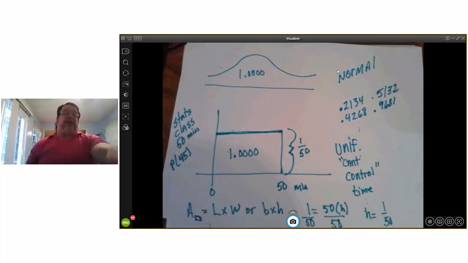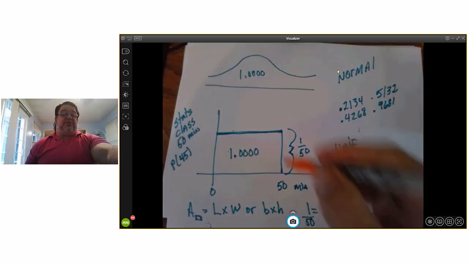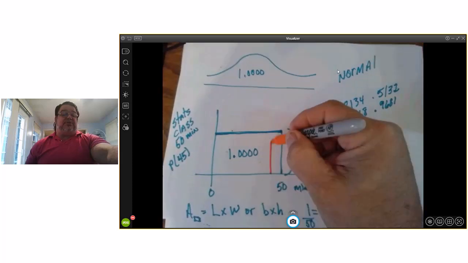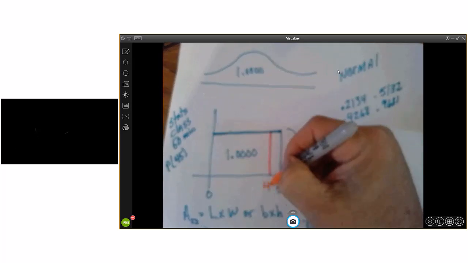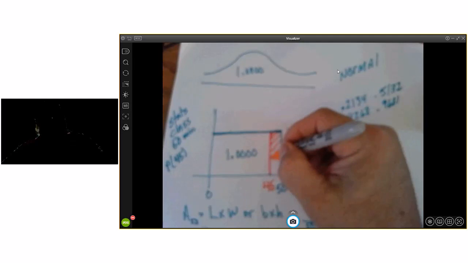Stats class lasts 50 minutes. What is the probability that your teacher will go past 45 minutes? So I find 45. I need to find the area under the curve at 45. So I need to find this area right here.